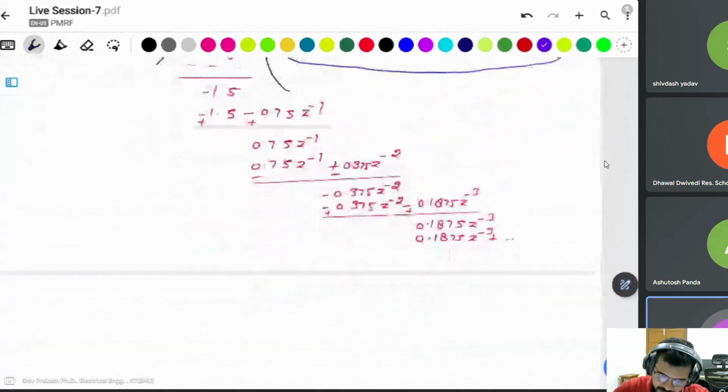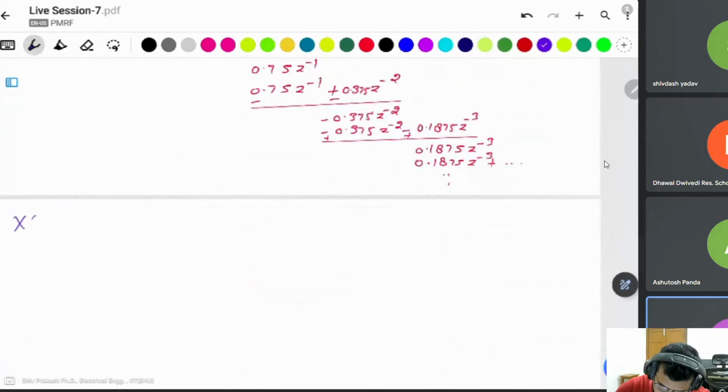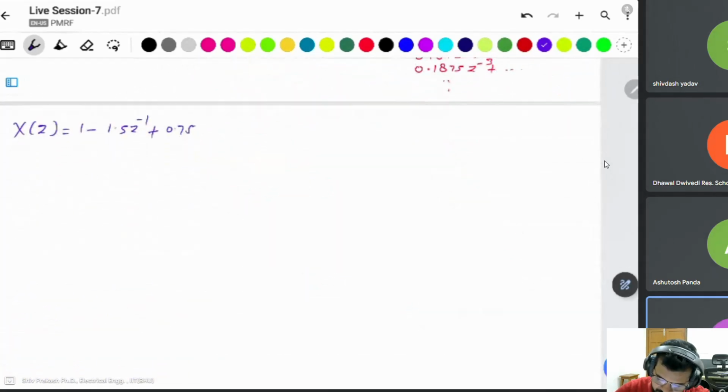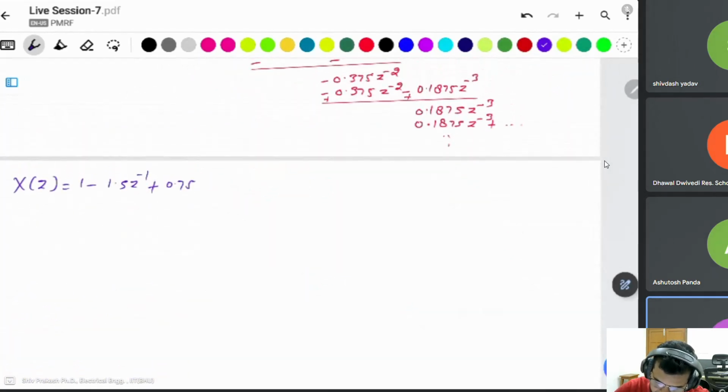Okay, the next step will be written as 1 minus 1.5 z inverse plus 0.75 z to the power of minus 2 minus 0.375 z to the power of minus 3 plus 0.1875 z to the power of minus 4 minus dot dot like that.